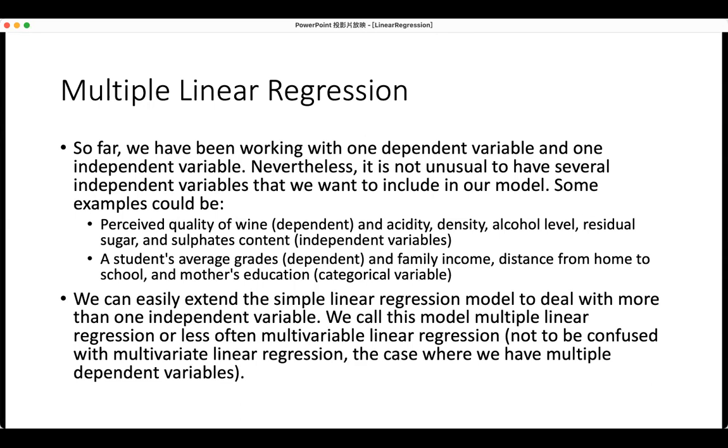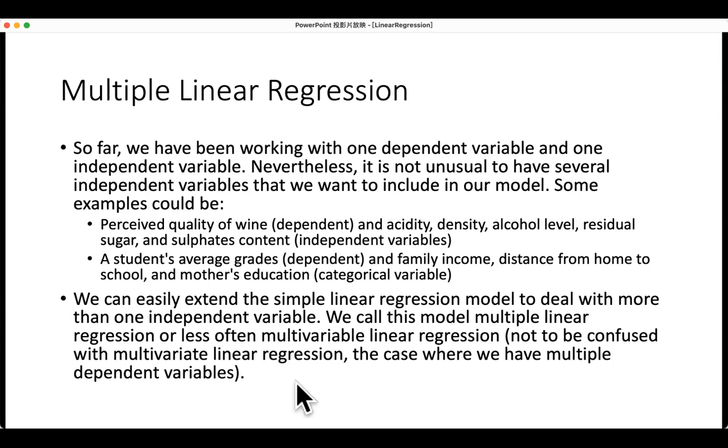If a mother has a higher education, she will monitor the kids' progress much better. So these factors can be treated as independent variables for the students' average grade.